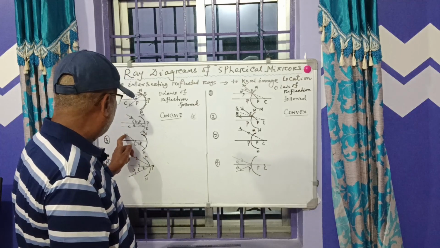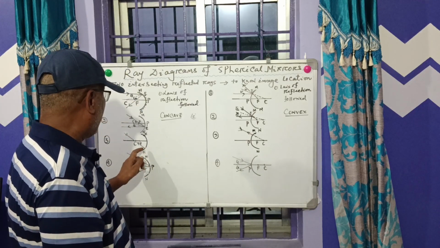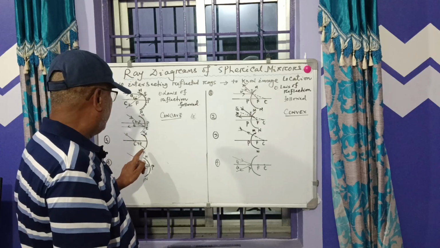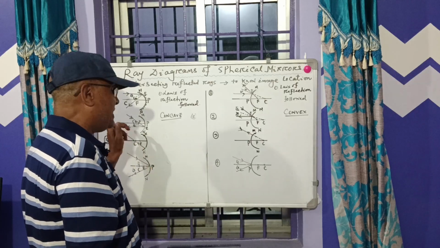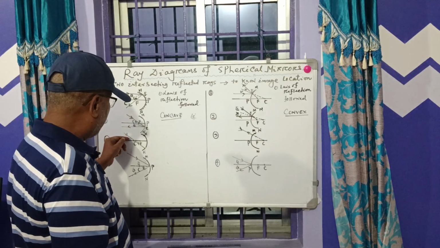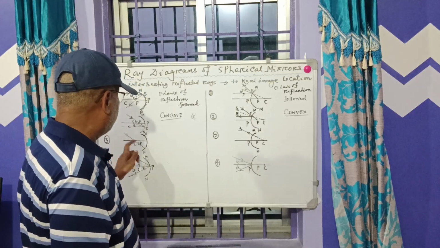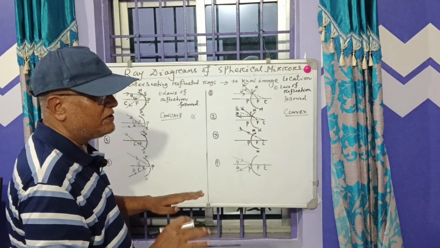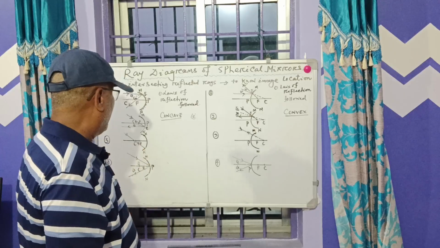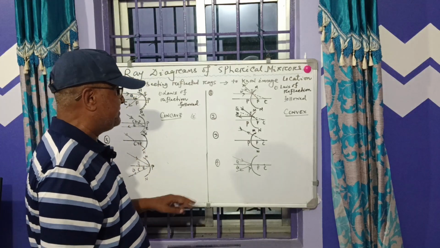So you see, the incident ray after reflection passes along the same path when the incident ray passes through the point that is called center of curvature. There is no deviation or no change of path. This is the important case, please remember.